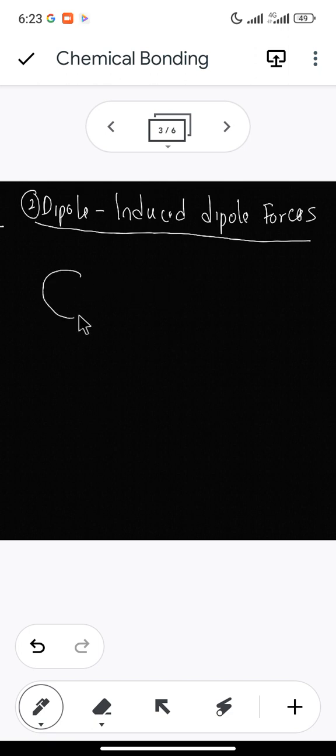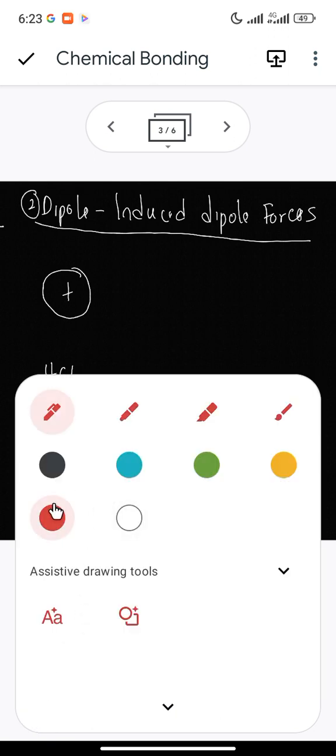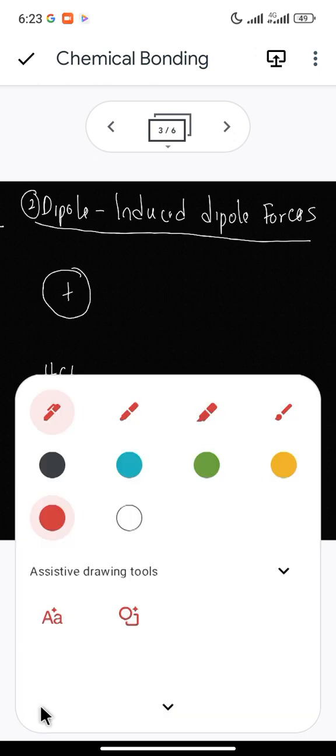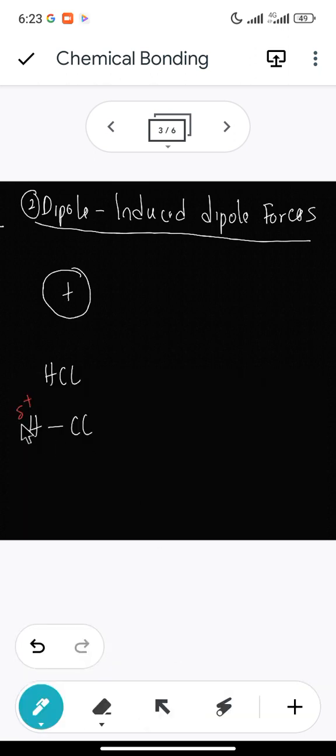Let's say, as we said, we have a permanent dipole here. Just like we said earlier, an example of a permanent dipole is the hydrogen chloride bond, where we say hydrogen is partially positively charged and chlorine is partially negatively charged.